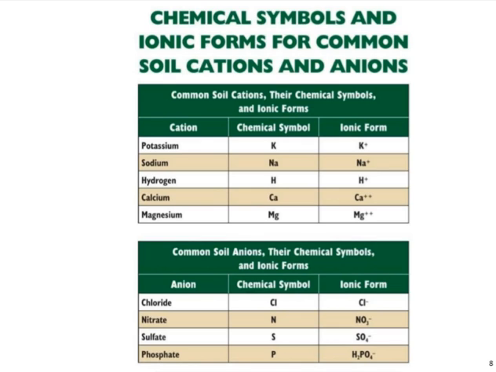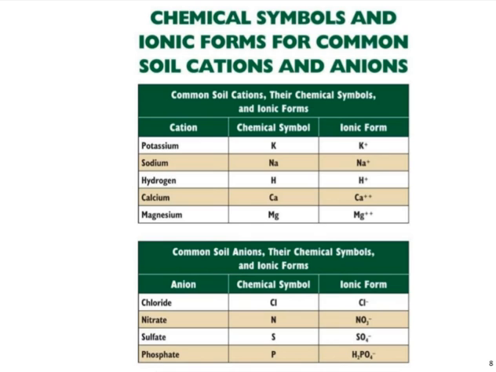Then, what are cations and their symbols and their ionic forms? Some common soil cations, their chemical symbols and ionic forms are: potassium, chemical symbol K and ionic form K+. Sodium, chemical symbol Na and ionic form Na+.